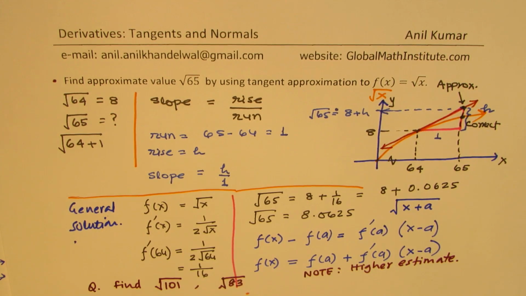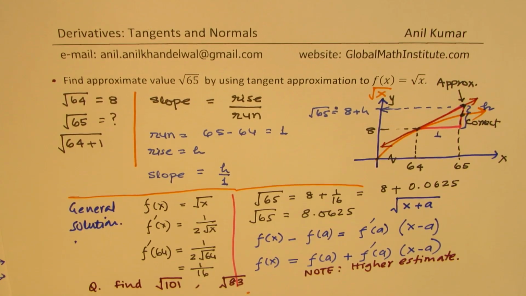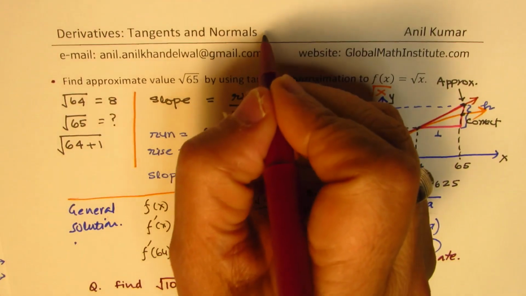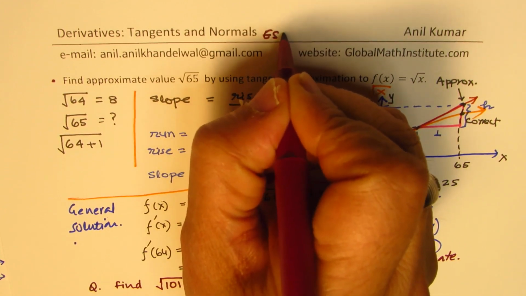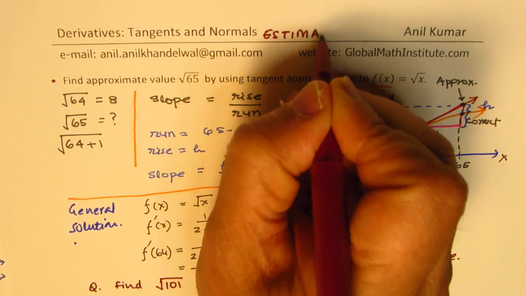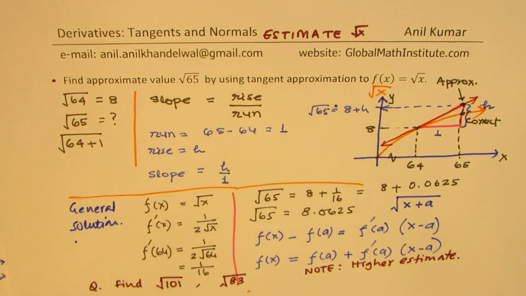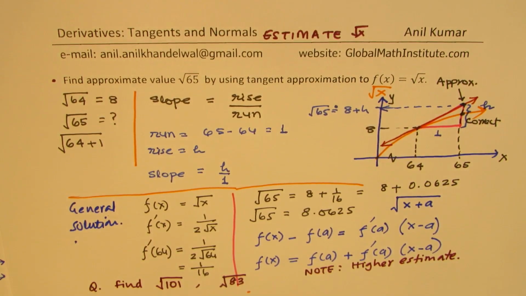So I hope all this makes sense, and it does give you an easy way of estimating. So we can estimate square roots fairly accurately using the method shown here. I hope that makes sense.